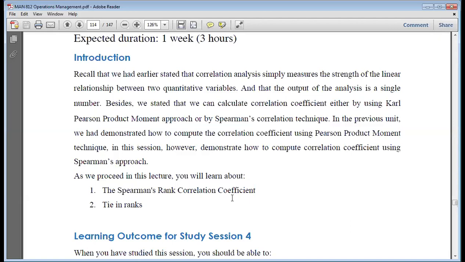You are using primary data, which involves a questionnaire. If you are using secondary data, it means you are not using a questionnaire.